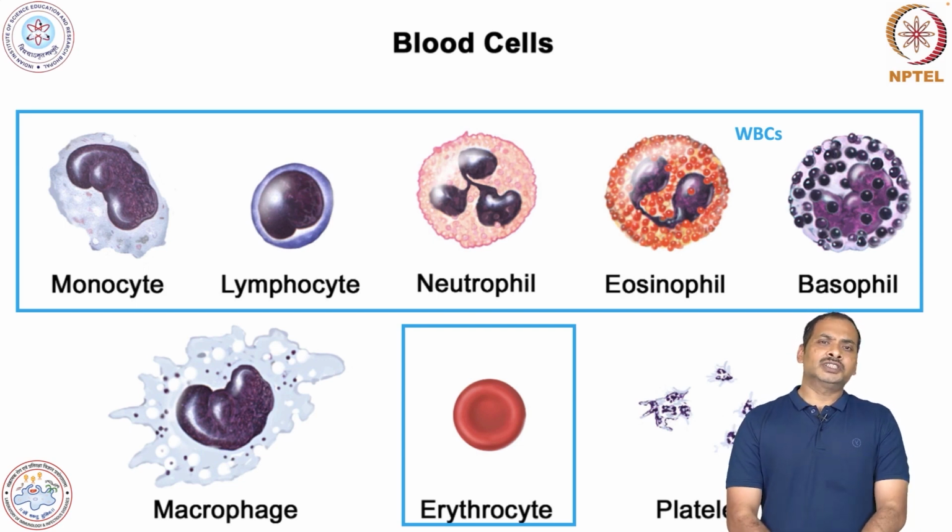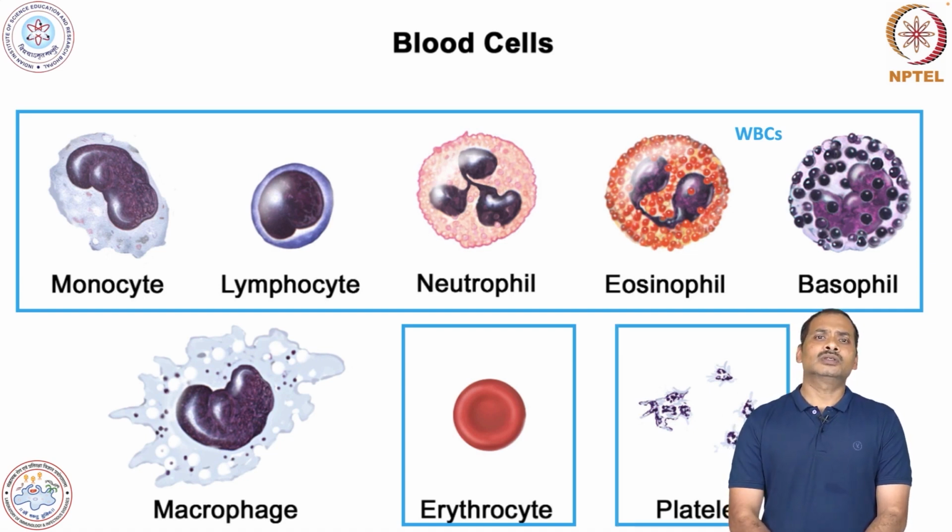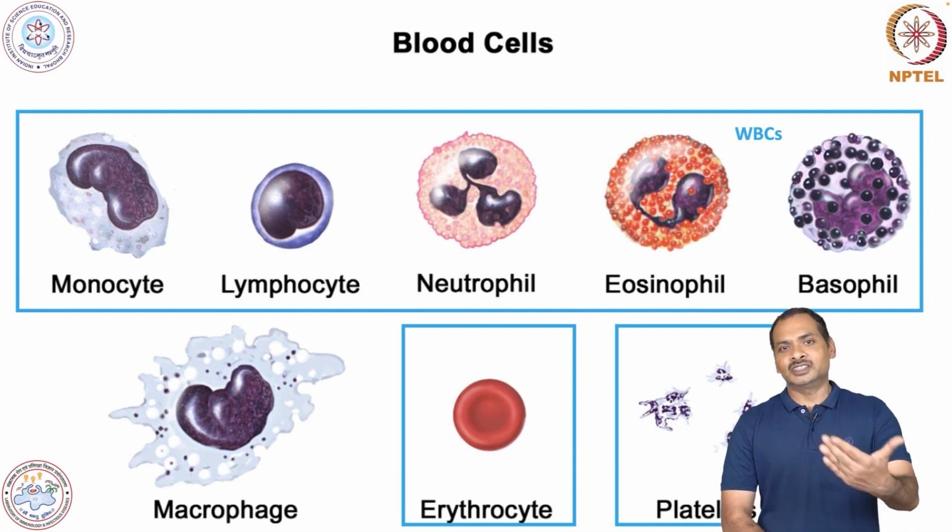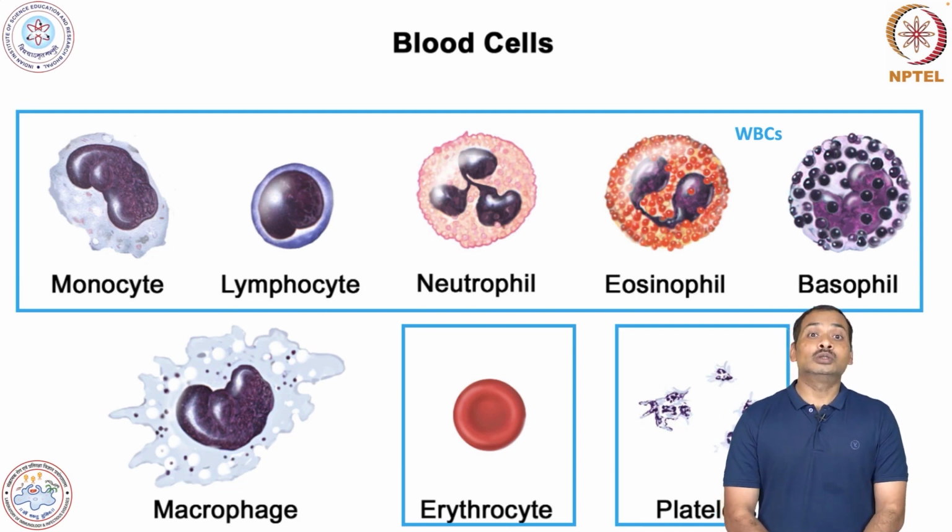Another cell which plays a very important role in defense is thrombocytes or platelets. I think you are very well aware of platelets and platelet counts, because in the recent past there was an outbreak of dengue virus. Every year we have dengue virus infection, and probably you might have heard that the individual's platelets are reduced.